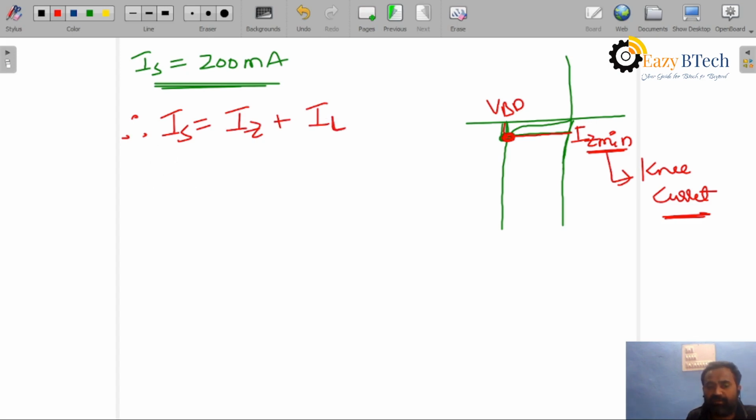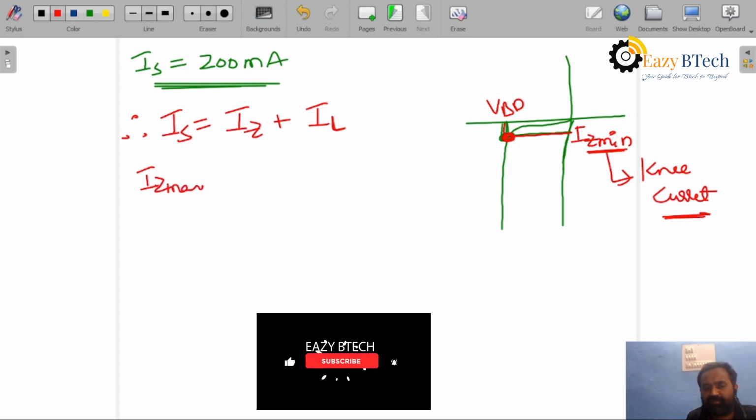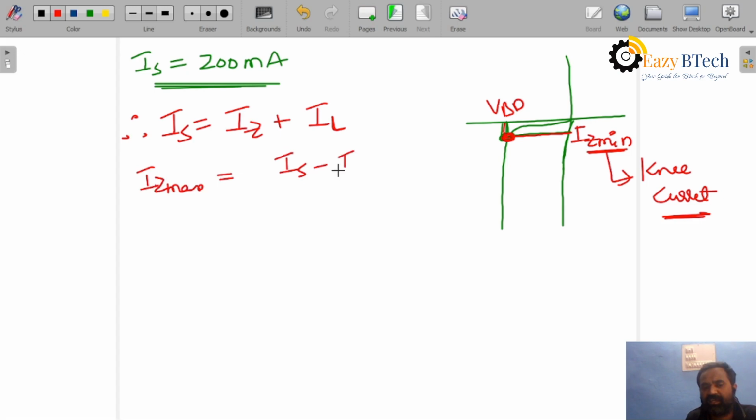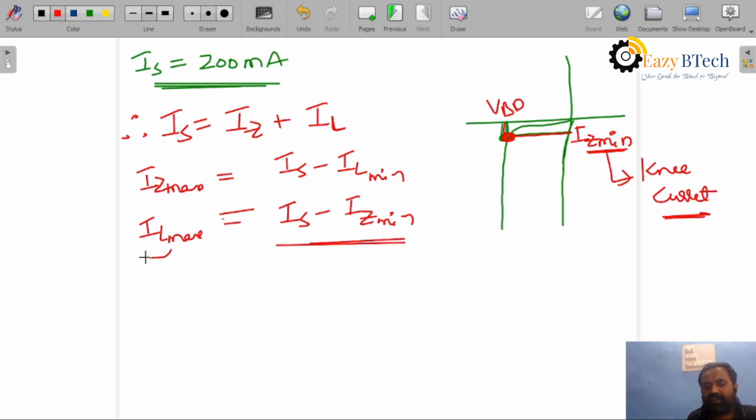Now we have seen that Iz max is Is minus IL minimum, and IL maximum is nothing but Is minus Iz minimum. Now from here we will find IL maximum.